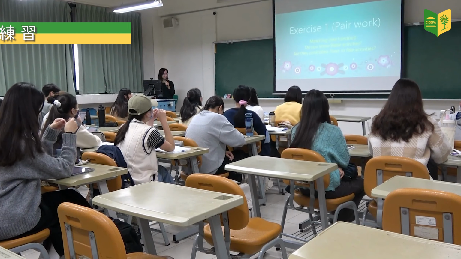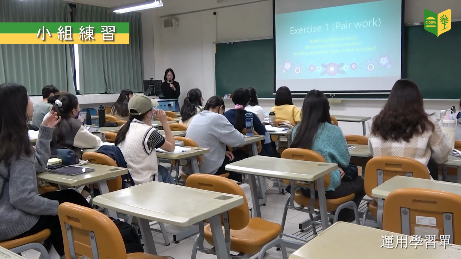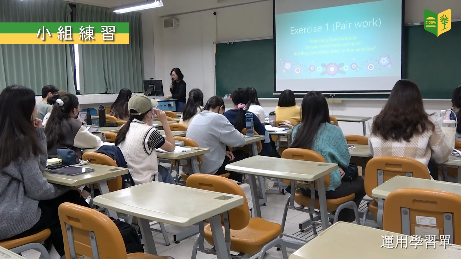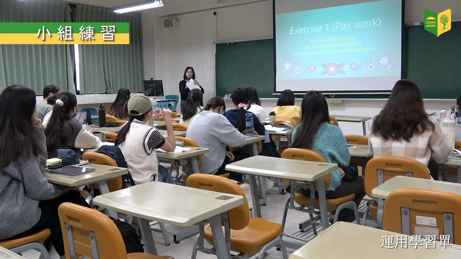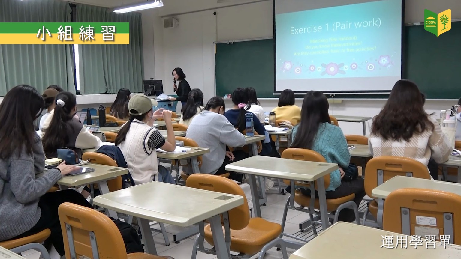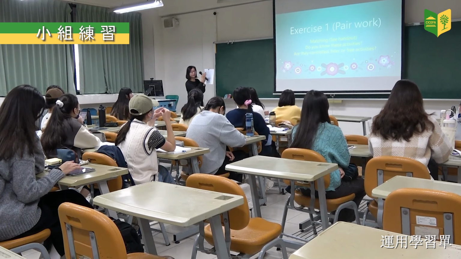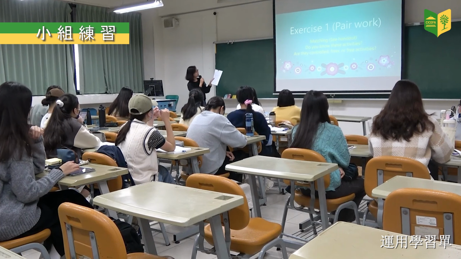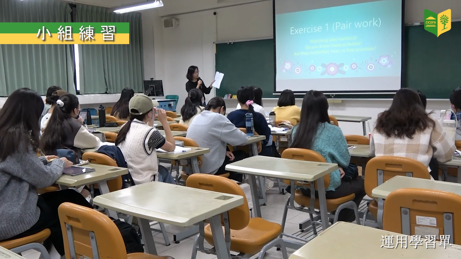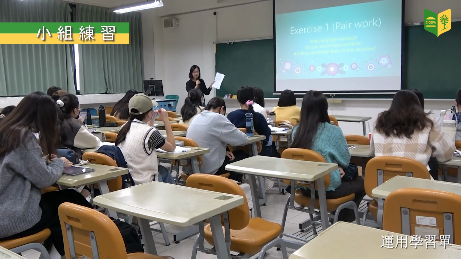I think I should give you the time to work out the practice. So now I'm going to give you the handout, and please work in pairs. This time you will have to match the activities. You're going to see the activities on the top here, like guided writing, role play, problem solving, survey, and so on.